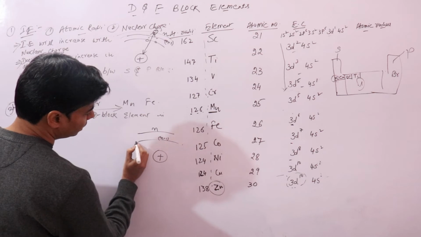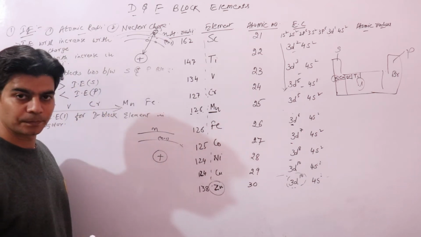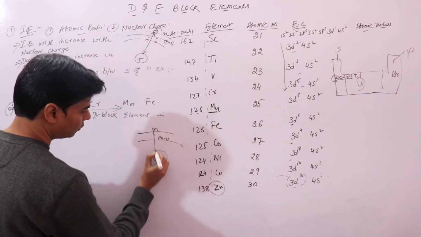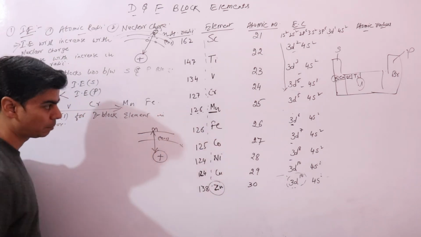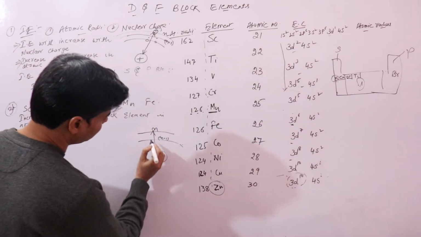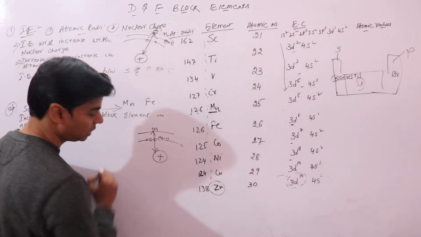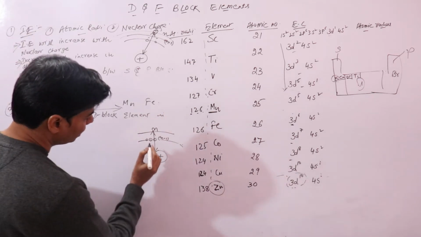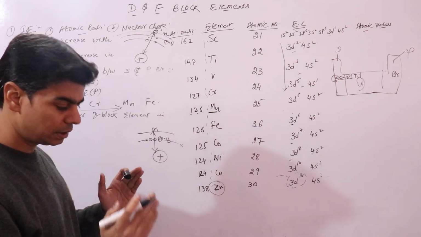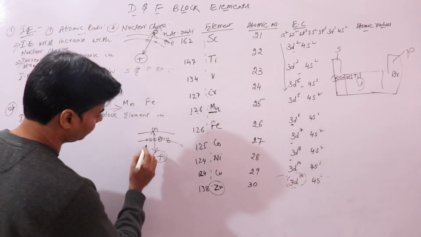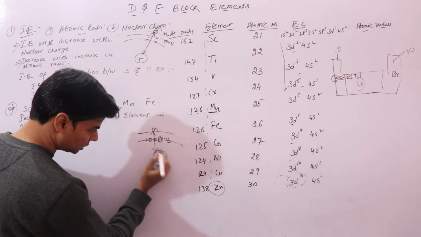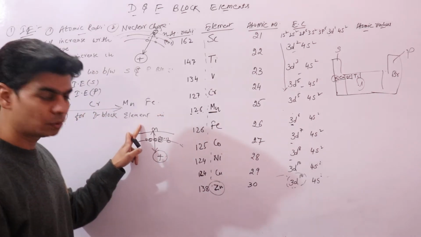Earlier, when there were no d electrons, this nucleus was exerting a force on the outermost electrons. But when the d electrons keep on increasing in the penultimate shell, they will act as a shield, because they experience repulsion and have a tendency to increase the electron cloud. They act as a shield between this nucleus and the outermost shell.